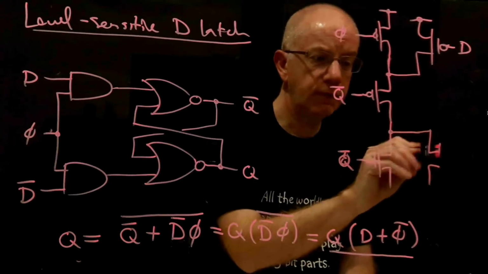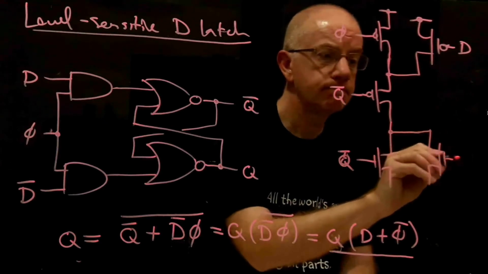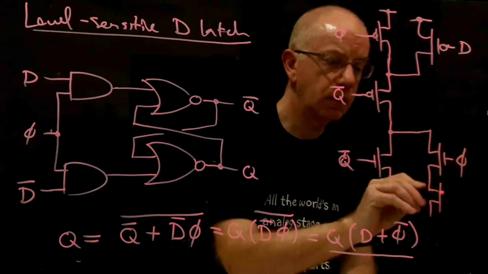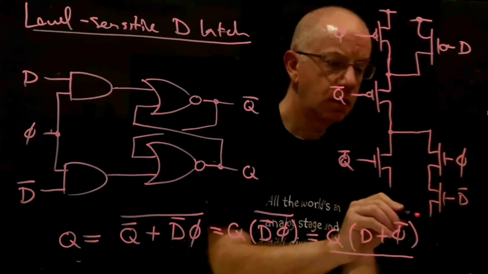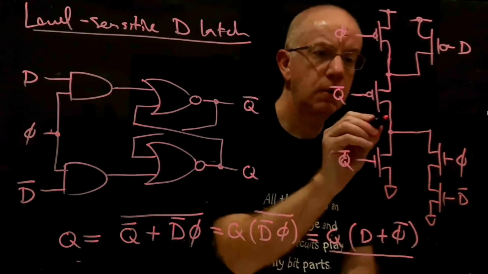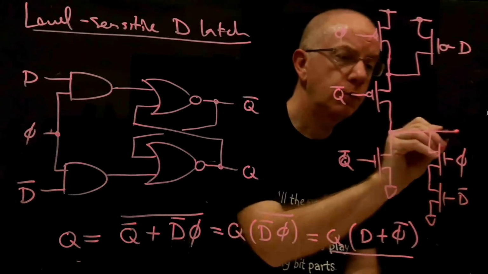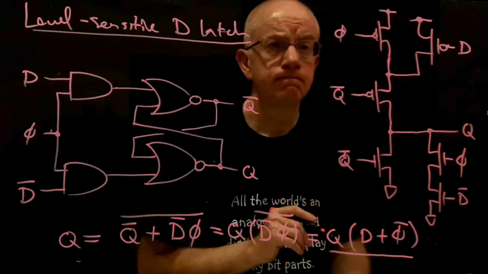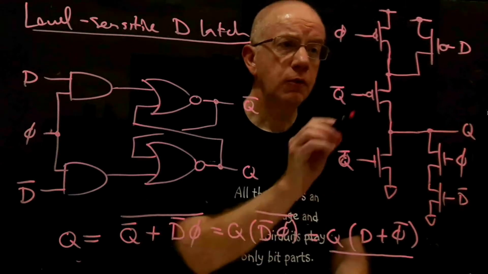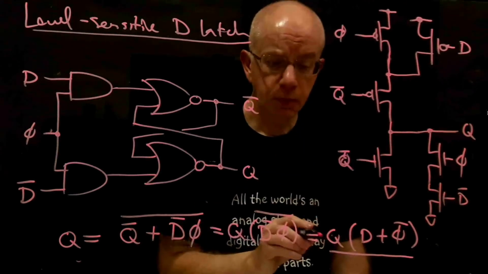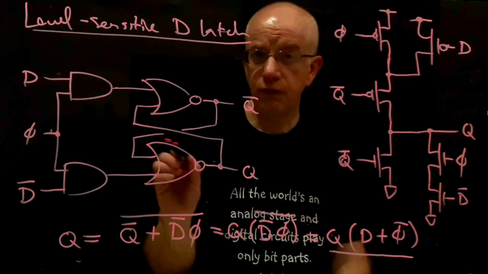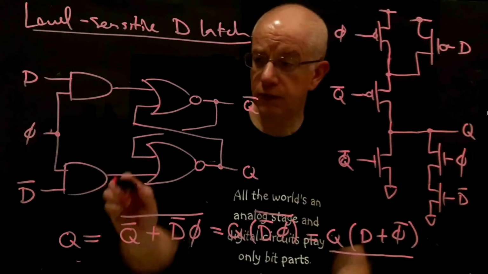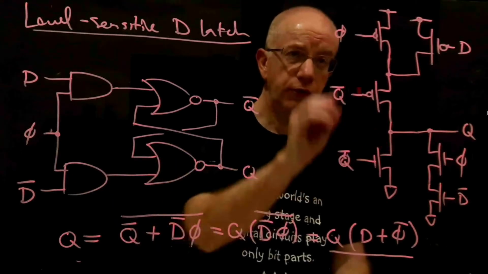So we've got a phi for this, and then a D bar that goes to ground, and this would be Q. Okay, so this gate will implement basically this NOR gate and this AND gate. So the functionality of these two pieces is in this gate.